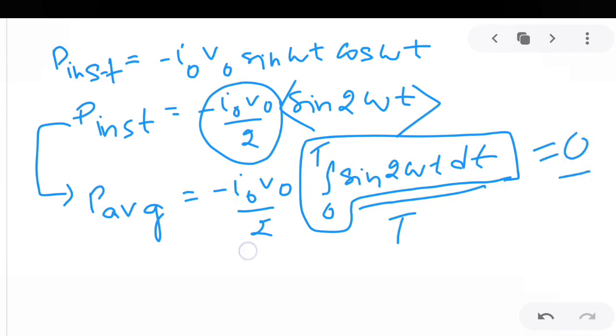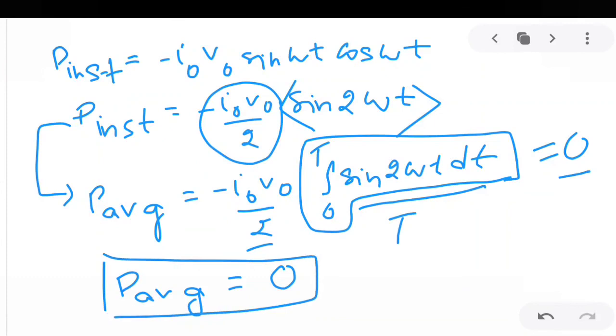So 0 multiplied by this quantity, that is P average, is equal to 0. So average power consumed in a purely inductive circuit is 0. This is for one complete cycle. So this is the proof. Average power supplied to an inductor over one complete cycle will be 0.